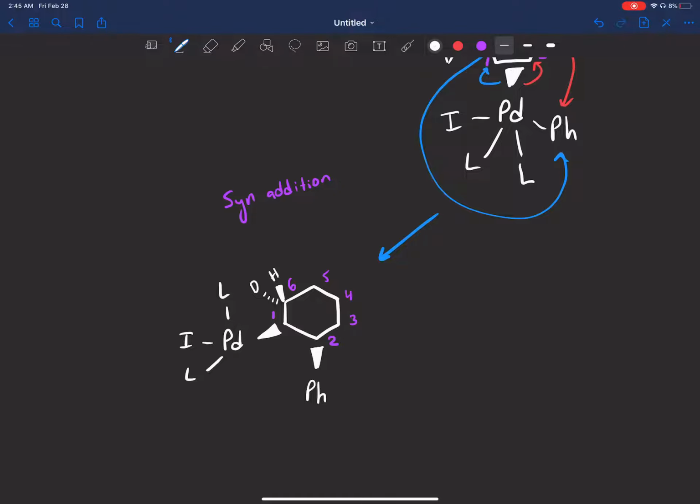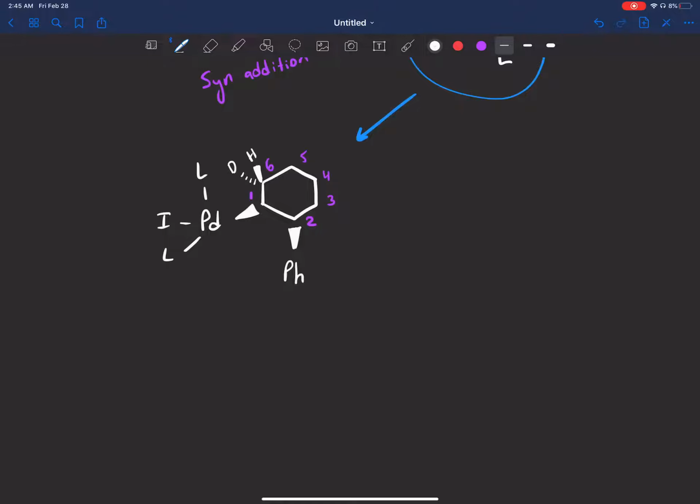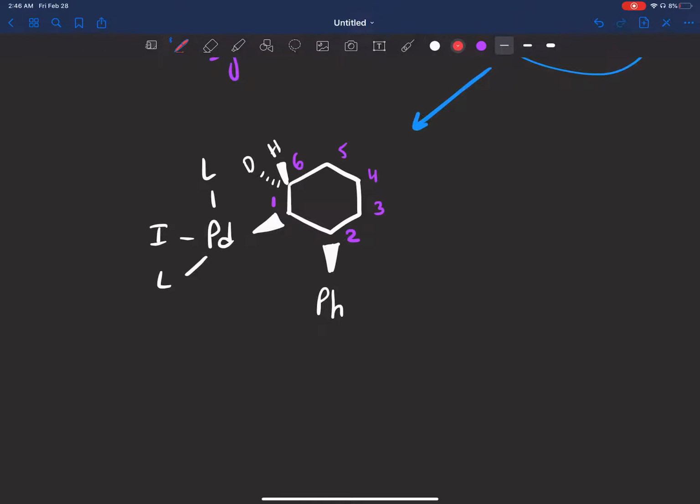Now we have to do the syn elimination. We can only eliminate the things that have the same stereochem as each other. Now remember, we want to get our metal out, right? Remember, do not eliminate the phenyl, because that's the group that we wanted to add. So what I have to do is take the hydrogen here, because it's dashed, and so was our metal.